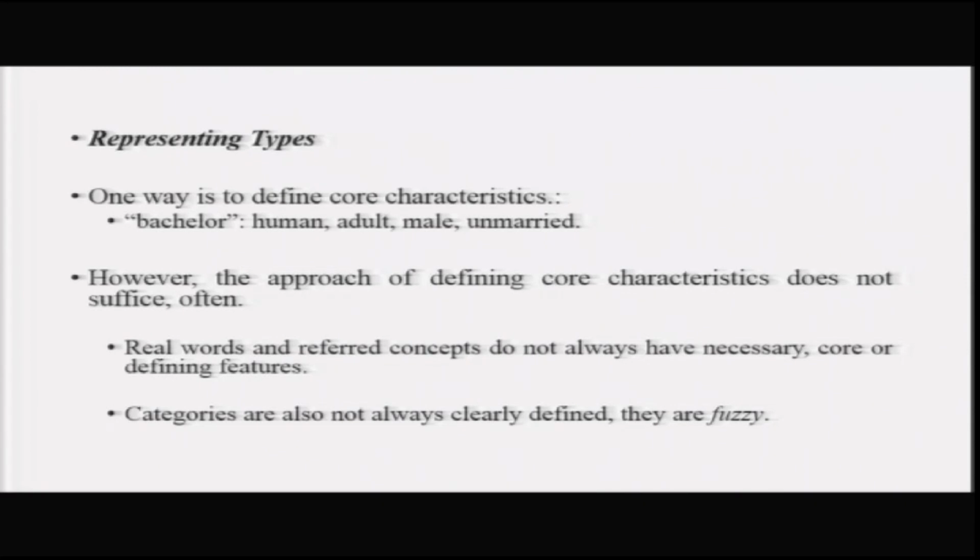So you will run into problems when you start using this approach of defining core characteristics, and that creates a little bit of a difference. Real words and referred concepts do not always have necessary core or defining features. That is another problem. Sometimes real world concepts or real world categories will not always have core defining features that separate them from everything else.